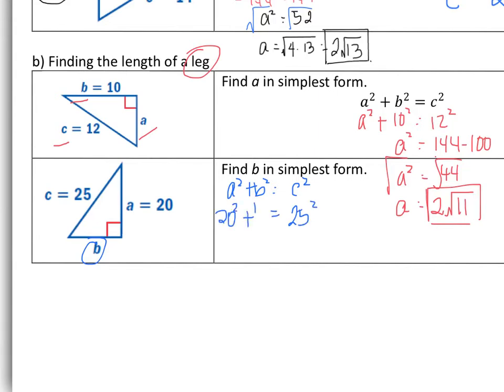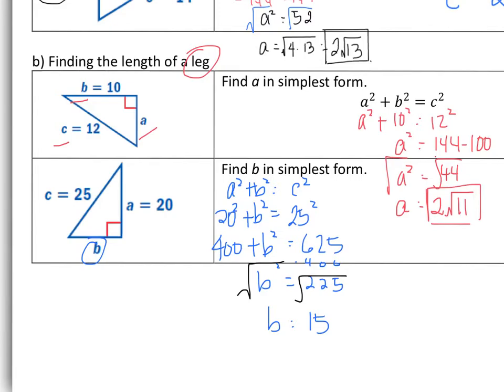We're looking for B. Okay, so this is 400 plus B squared equals 625. Now subtract 400 from both sides to get 225. We'll take the square root of both sides. B will equal 15.